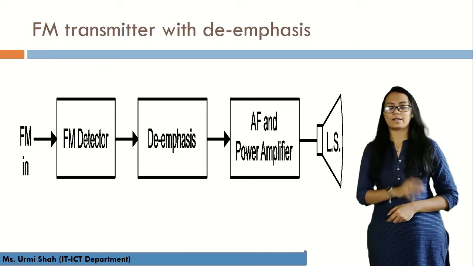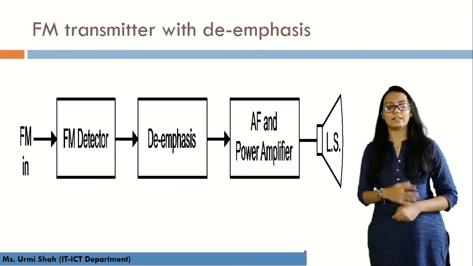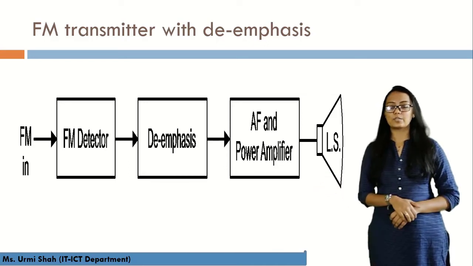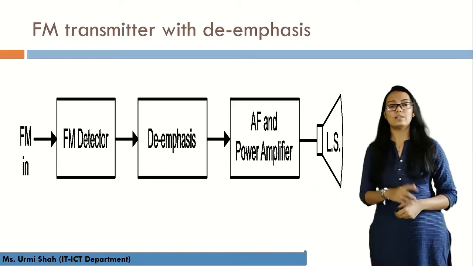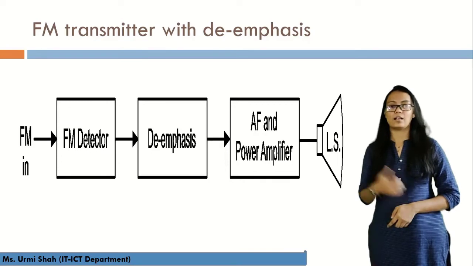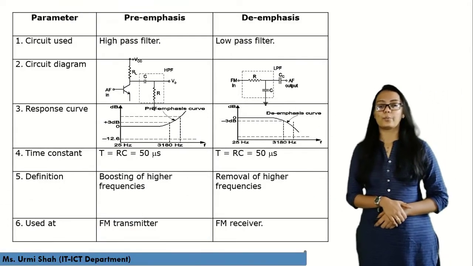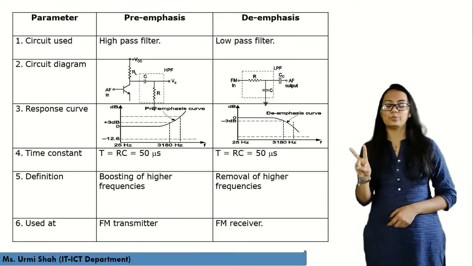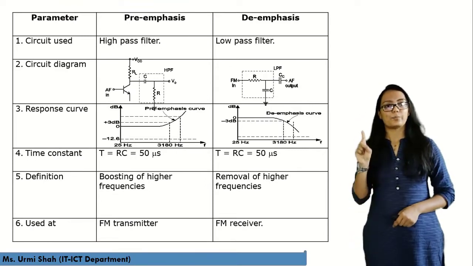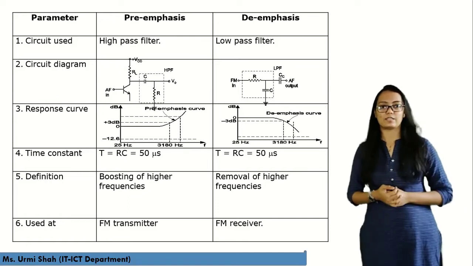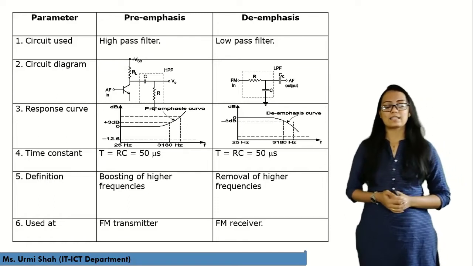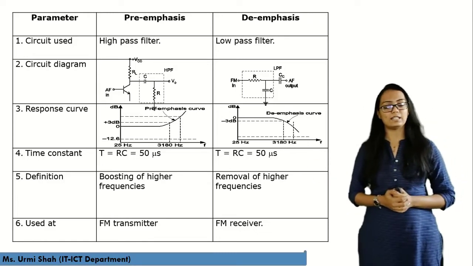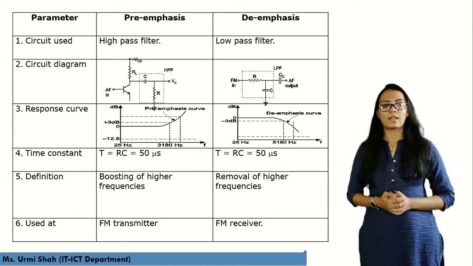So we pass that on towards the power amplifier, and from the loudspeaker, LS, we will achieve our original audio signal back. So this is nothing but the process of FM transmission in which we have two processes, that is pre-emphasis and de-emphasis. So now let's understand the comparison between the pre-emphasis and de-emphasis process.